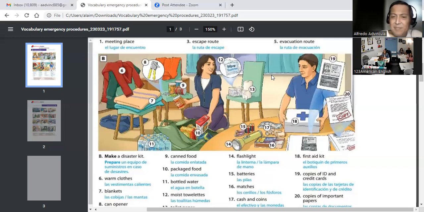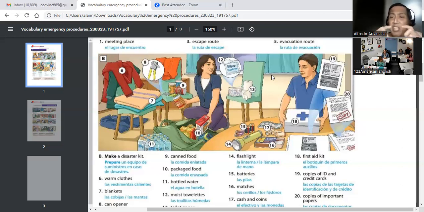Okay. Yeah, there's usually some kind of cream to treat an injury. Maybe an antibiotic. And gauze, if you guys know that word, gauze.